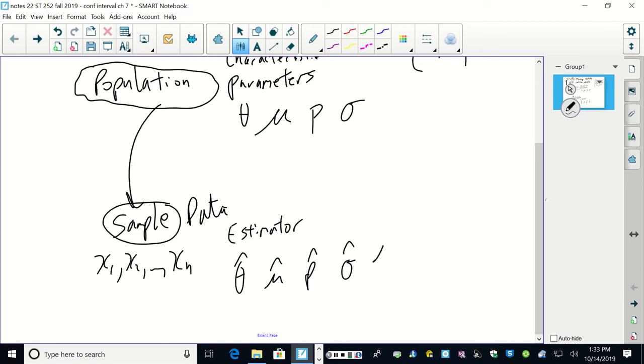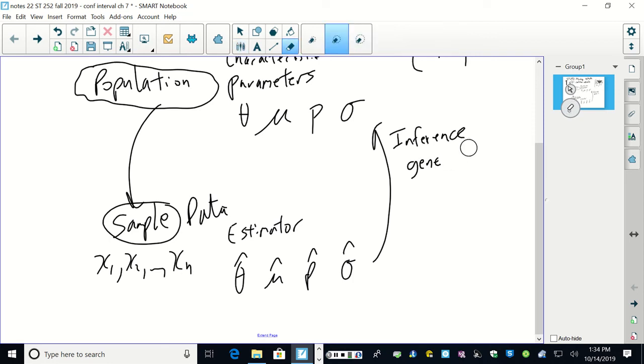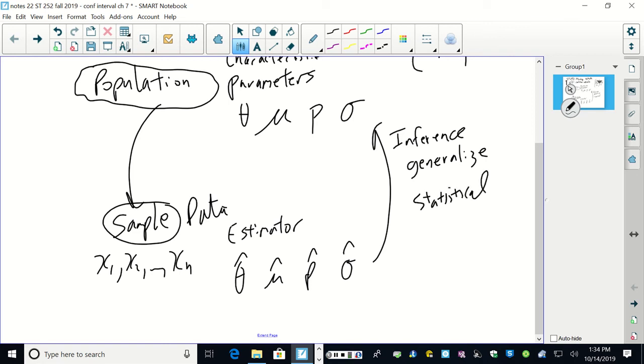And then the goal is to do statistical inference. So we want to generalize from the sample back up to the population, and we're making a statistical statement. Because we know that our one estimate is not exactly that value, there's some uncertainty.